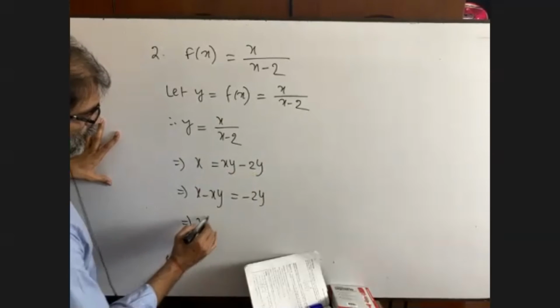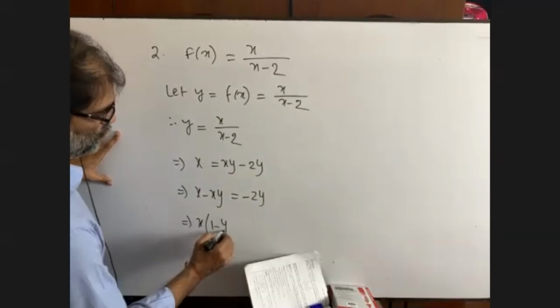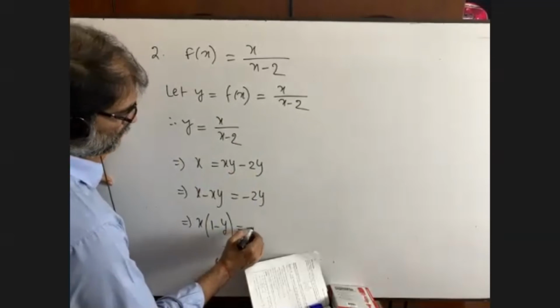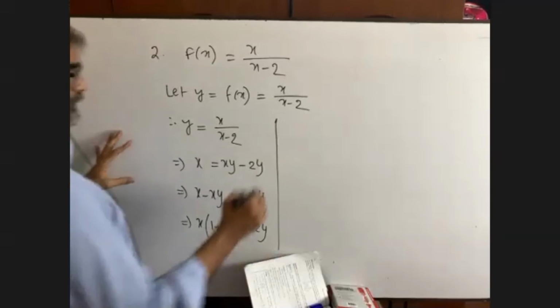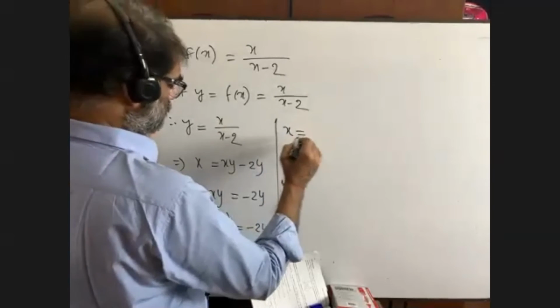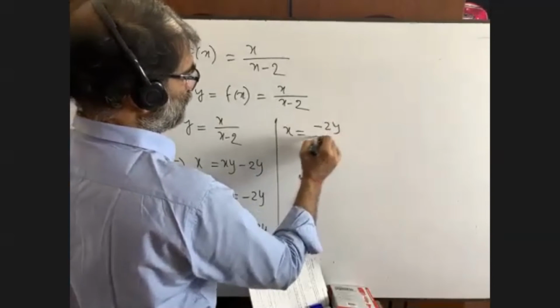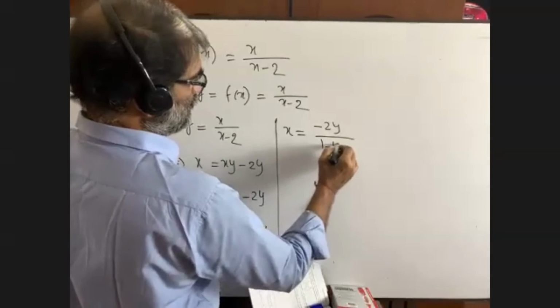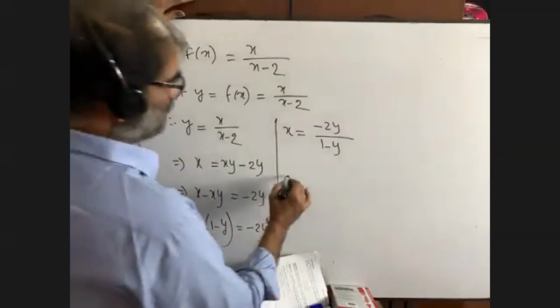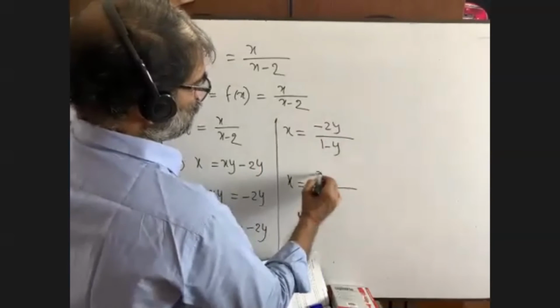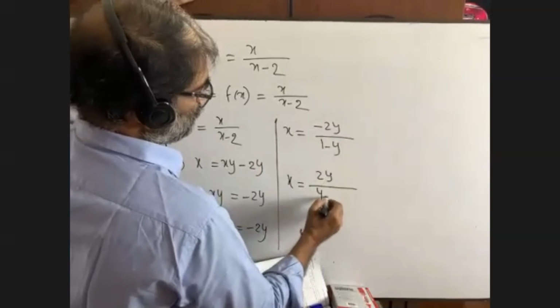Taking x common, x times (1 minus y) is equal to minus 2y. That is, x is equal to minus 2y by (1 minus y). From here, we can write x equals 2y by (y minus 1).